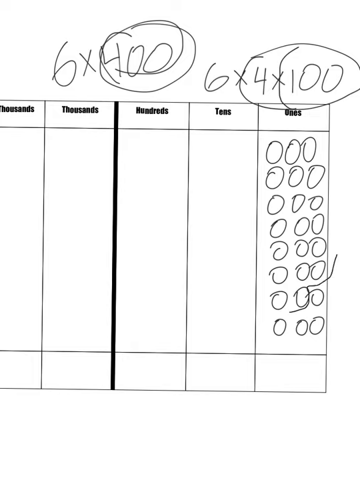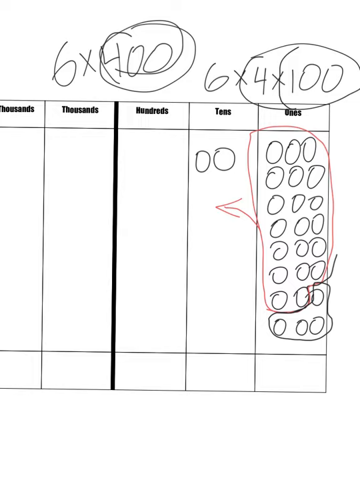Here, let me change to a different color so you can see. I need to take 20 of these ones, and I need to change them to how many tens? How many? So I'll say your question is, 20 ones is how many tens? All right, so hopefully you figured out that 20 ones is going to be 2 tens, and then we still have 4 ones remaining right here.